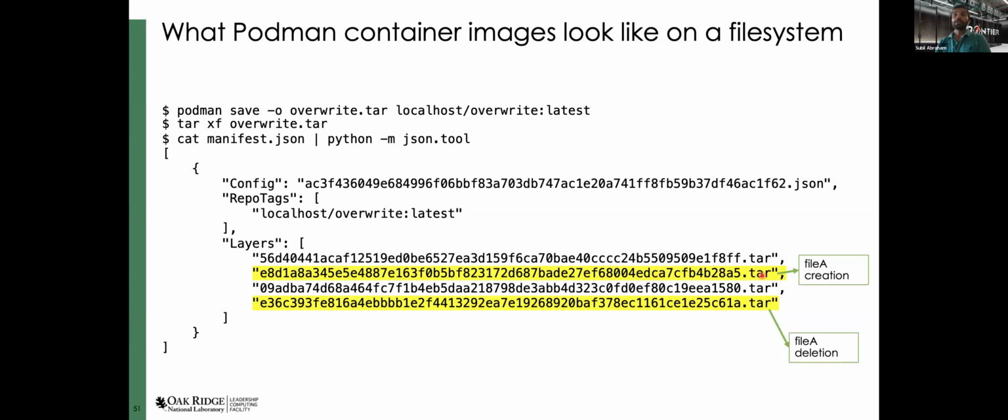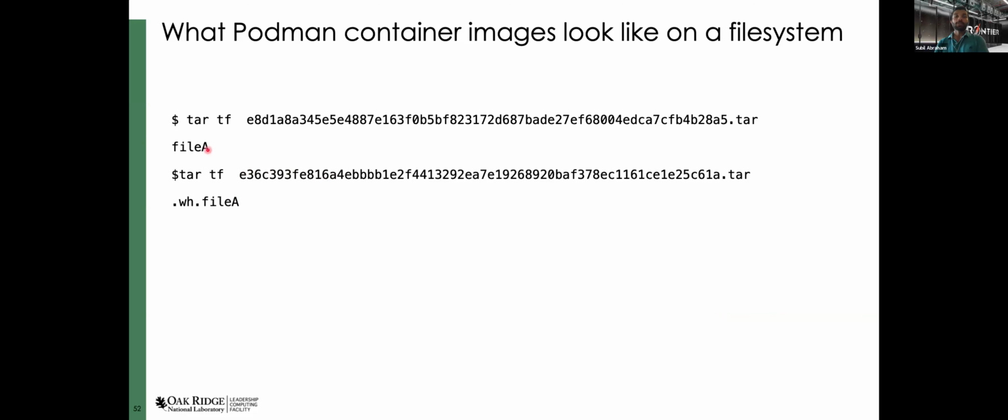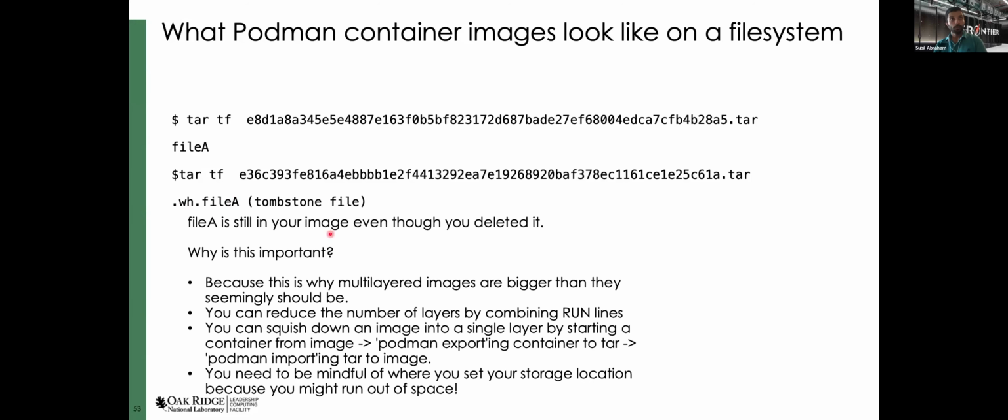So your container still has data about file A. If your file A is 3 gigabytes and you delete that file later, your container image will still have those 3 gigabytes. It's not gone anywhere because it's still in that layer. When you open up the layer in which file A is created, you will see file A. But if you open up the layer where file A was deleted, you'll see a special file that's 0 bytes large with a special name, called a tombstone.